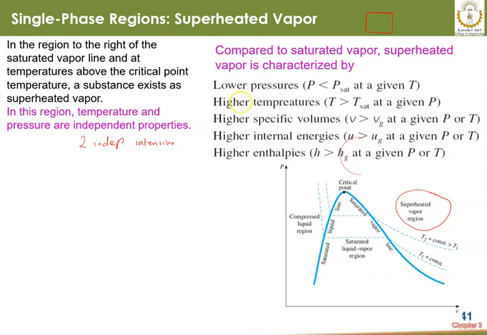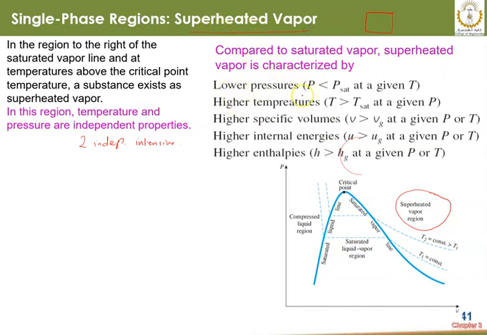Now, if we have these two properties, how will we know whether to look at the superheated tables, the compressed tables, or the saturated liquid vapor tables? We already talked about the saturated liquid vapor region. Now, how do we know that the state is superheated?